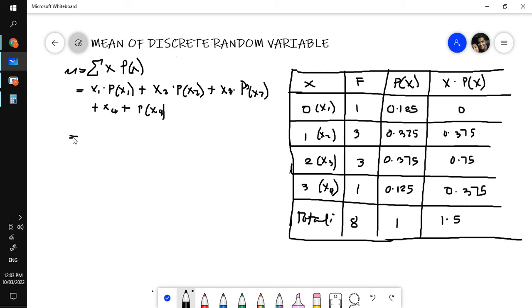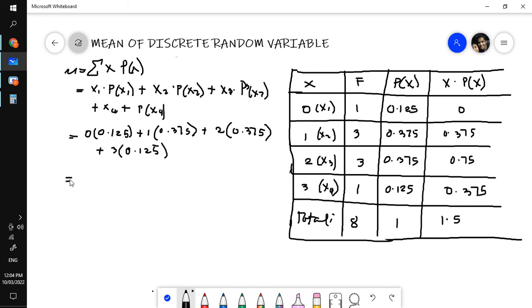Now we'll be substituting its values. Our x sub 1, that's 0, times our p of x sub 1, that's 0.125, plus our x sub 2, that's 1, times our p of x sub 2, that's 0.375, plus our x sub 3, that is 2, times p of x sub 3, that is 0.375, plus our x sub 4, that's 3, times our p of x sub 4, that's 0.125.